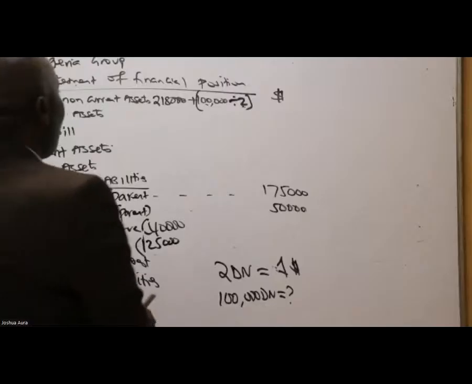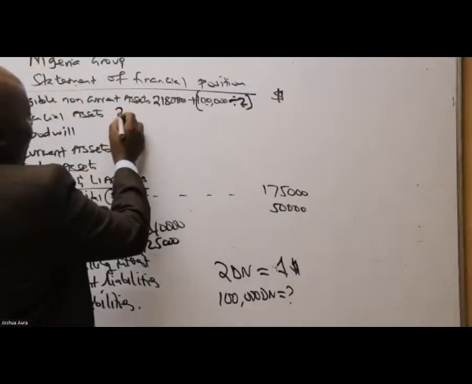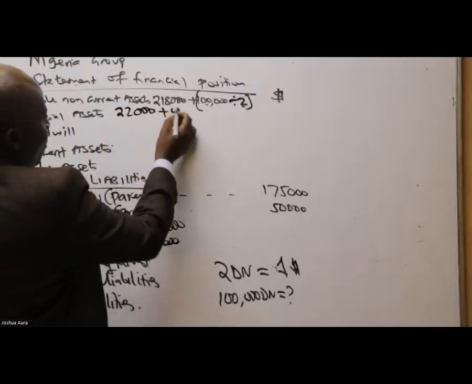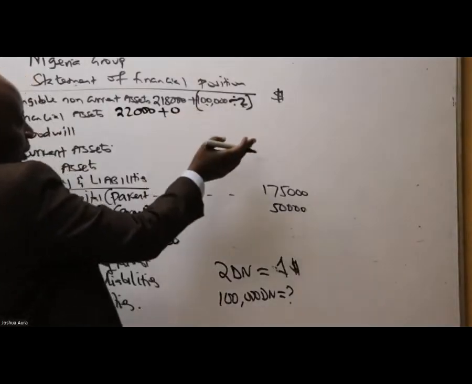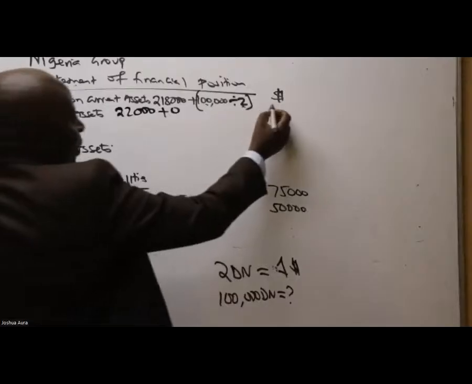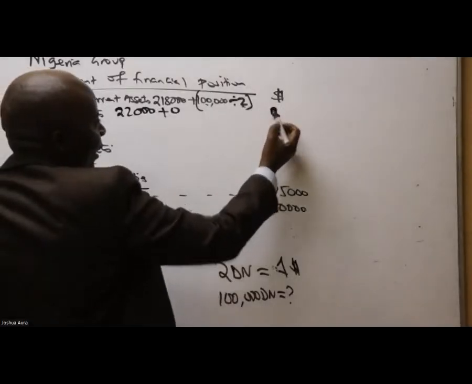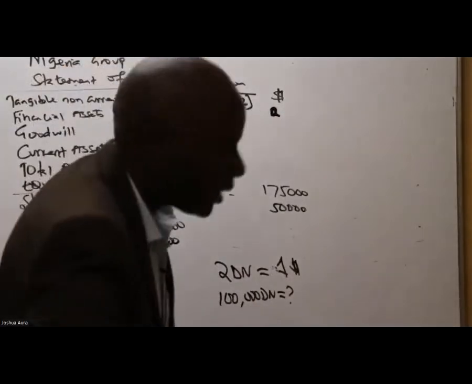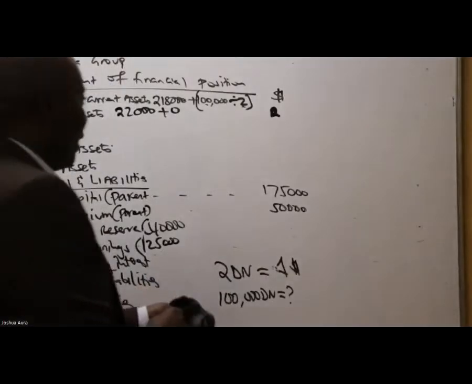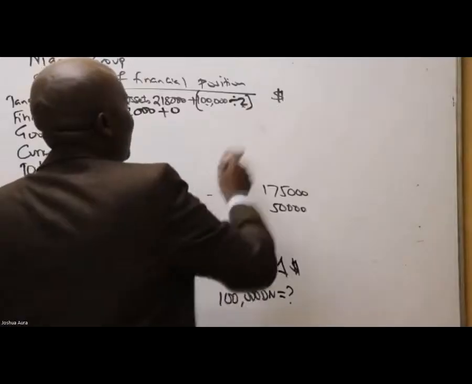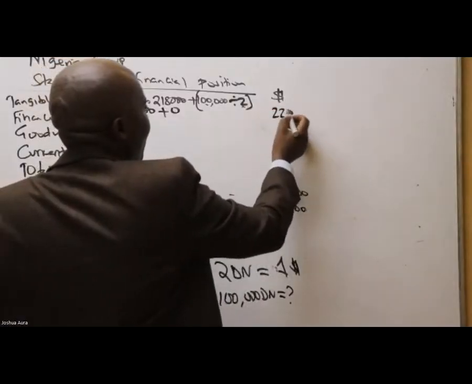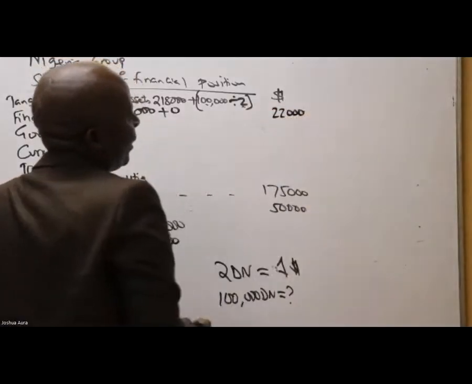So there is no translation really of the subsidiary figure, because 0 cannot be translated. So I can simply take my 22,000 there. Final figure.